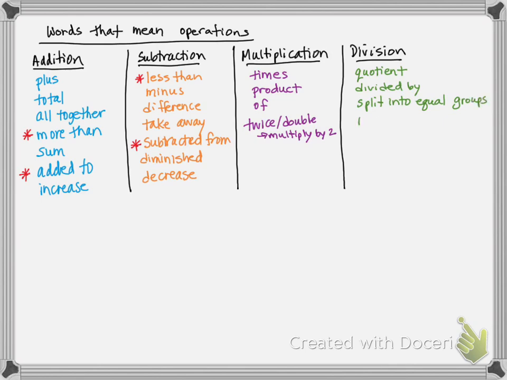In each group, see, here's group again, right? Oops, why did I do a Q? There we go. In each group. Per, we talked about that in chapter 2. Ratio, we talked about that in chapter 2. And divided into. It also gets a star.